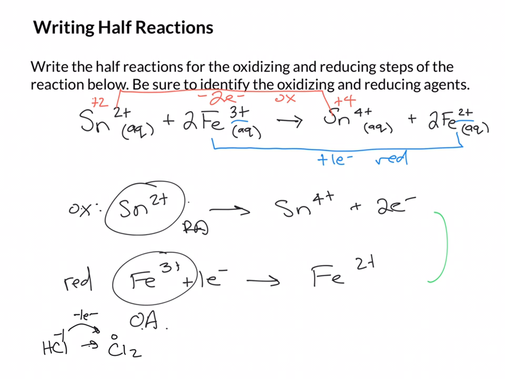The Cl in HCl has been oxidized to give us that Cl2 molecule, so Cl- has given away electrons in some way. That means chlorine is providing electrons.